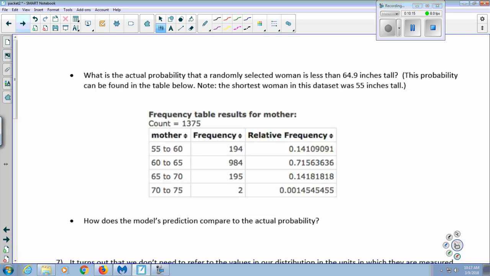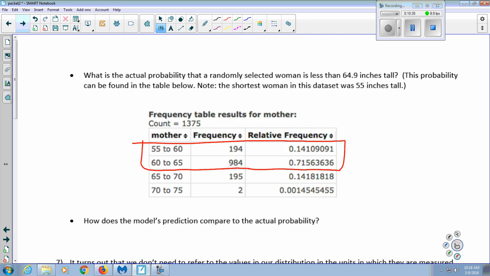Now let's compare this to the actual data. What's the probability that a randomly selected woman is less than 64.9 inches tall? So on our table, we're going to be looking at this, right?